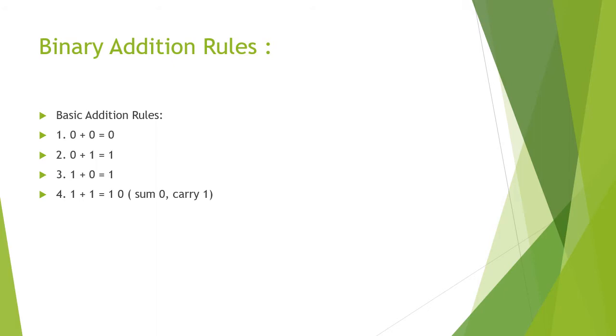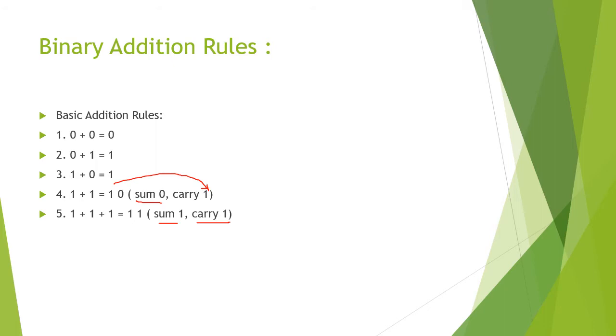That's why 2 is represented by binary 10. So 1 plus 1 equals 10, where we have considered 0 as the sum and 1 as our carry. Then the next one is 1 plus 1 plus 1 equals 11. Here again the sum is 1 and the carry is 1.